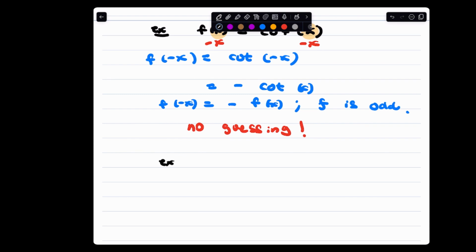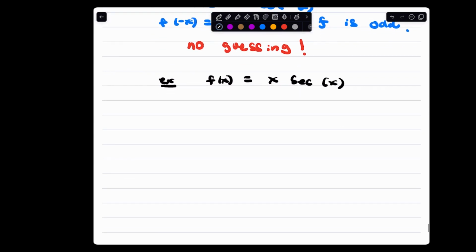Let's give you guys a hard one. You guys want to see a hard one? What if they give you x secant x? That one's going to be a hard one. So what do you replace your x with? Negative x. Let's go through the process.